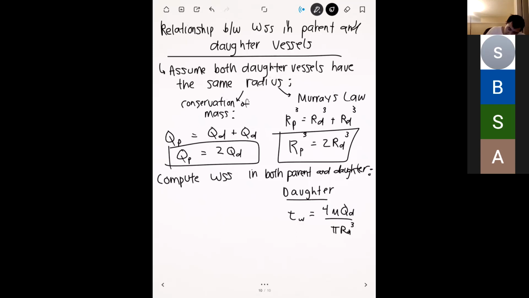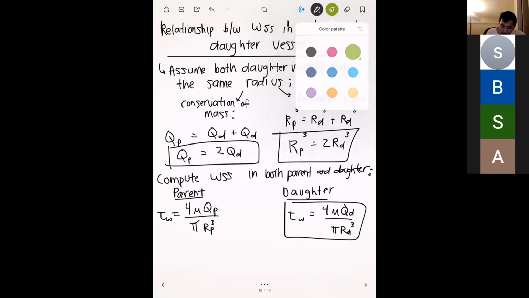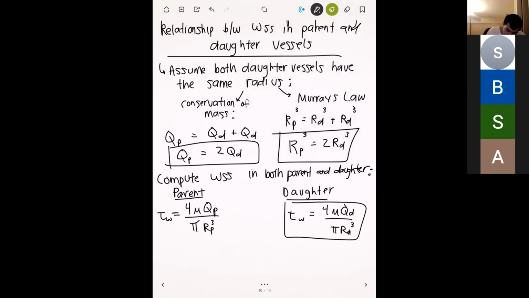Okay. Right. And so now let's do the wall shear stress in the parent artery. So in the parent artery, we have tau W is equal to 4 mu QP, sorry, divided by pi RP cubed. Okay. Right. But let's take this and plug in for QP and RP. Okay.